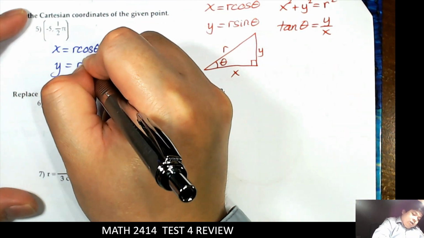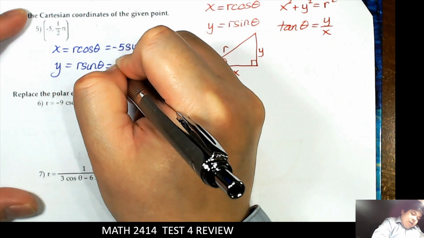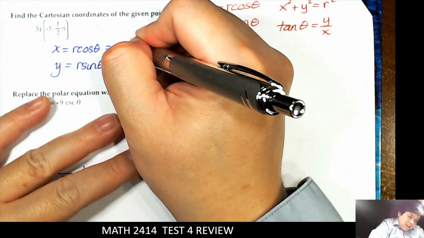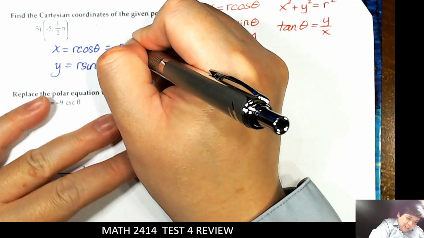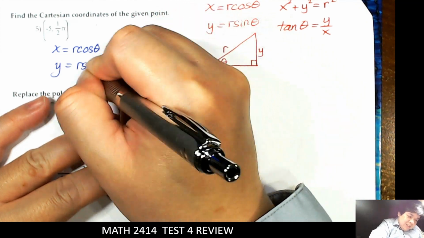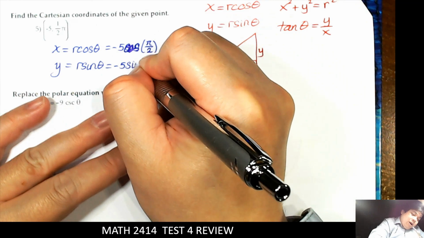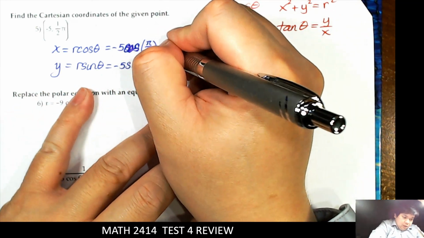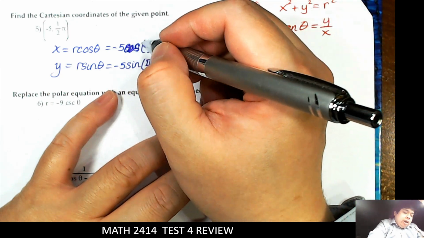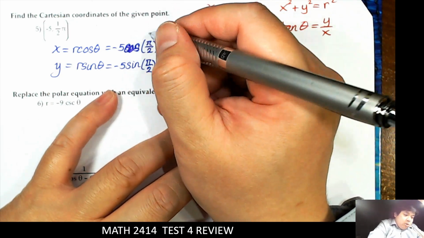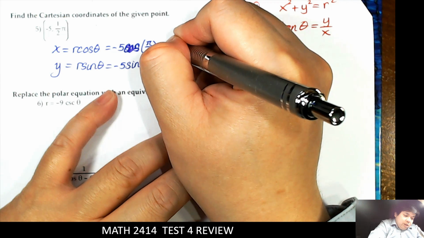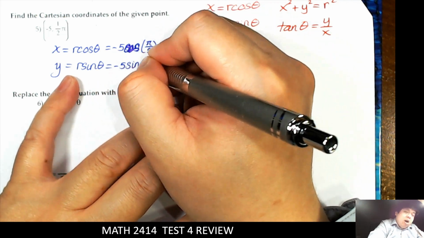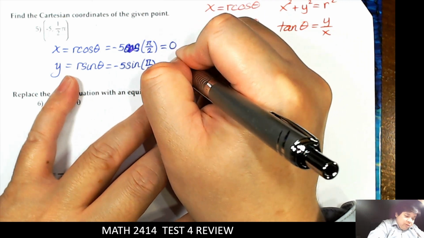Cosine pi over 2 is 0, so x is going to be 0. And -5 sine pi over 2, sine pi over 2 is 1, so y is -5.